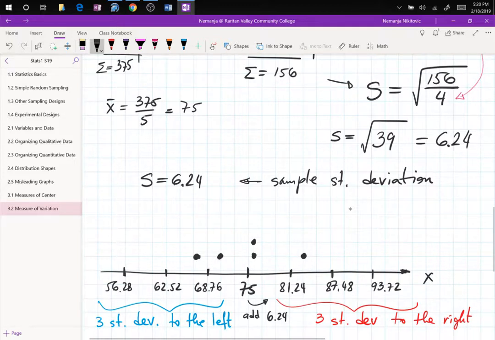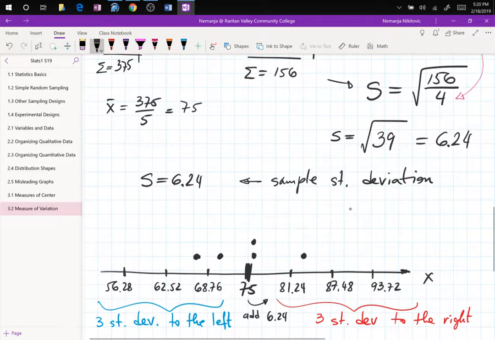And we see that they're pretty much all within 2 standard deviations to the left and to the right. So this 75, which is the mean, I'll make it larger.